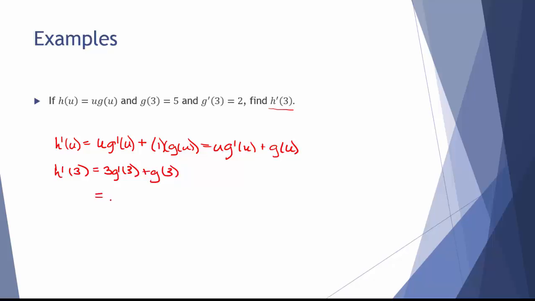Now I get to use the given information. g of 3 is 5, and the derivative of g at 3 is 2. So this is 3 times 2 plus 5. This is now just a very simple arithmetic problem. Turns out the derivative of h at 3 is 11. So that's a more general look at how we can apply the product rule.